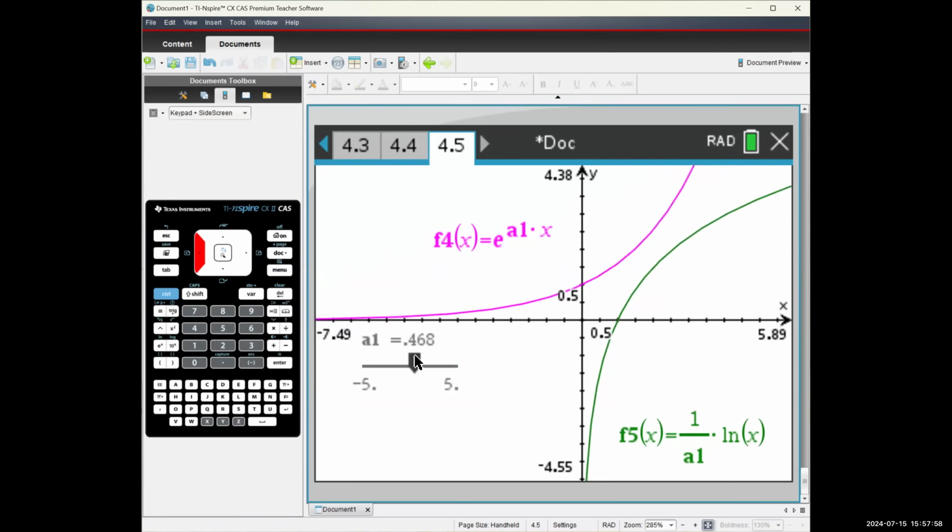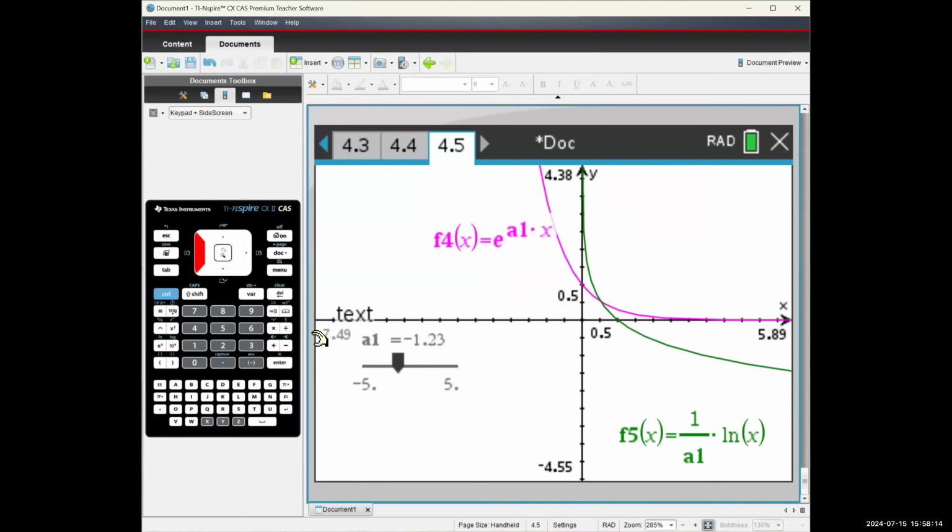How about larger than 1 over e? Okay, larger than 1 over e is like no intersection, okay? And finally, if I make my a value less than negative e, 3 points of intersection. So the question completes itself.